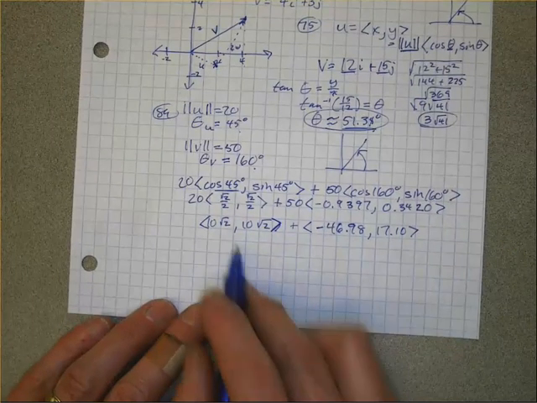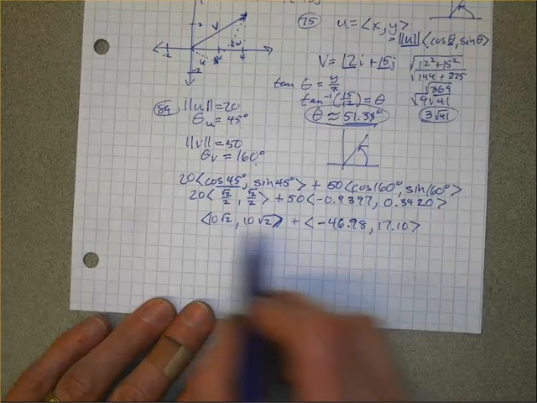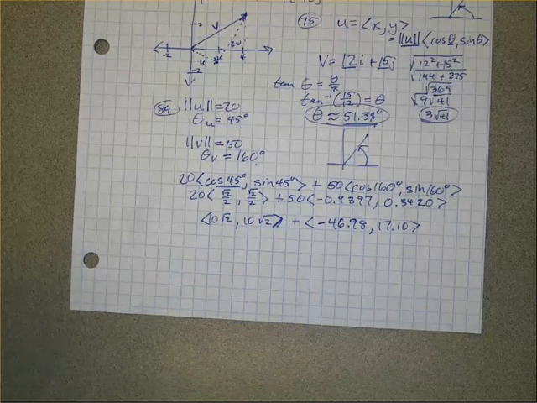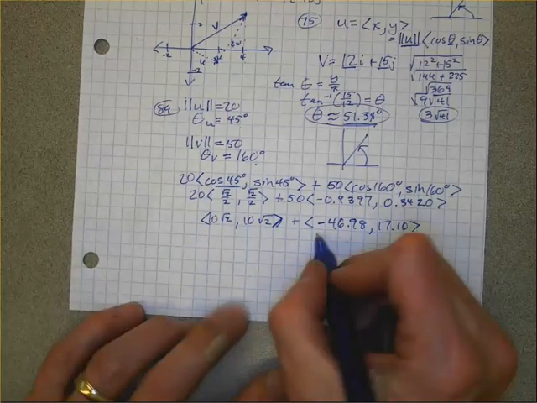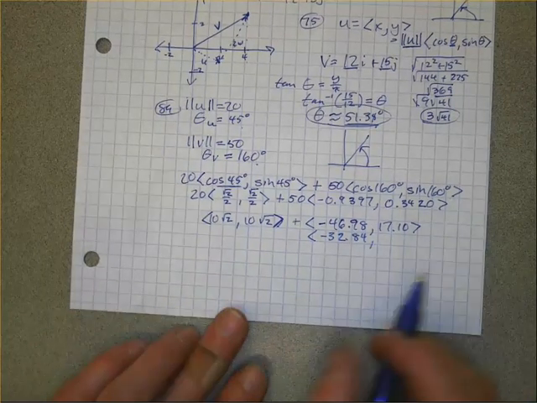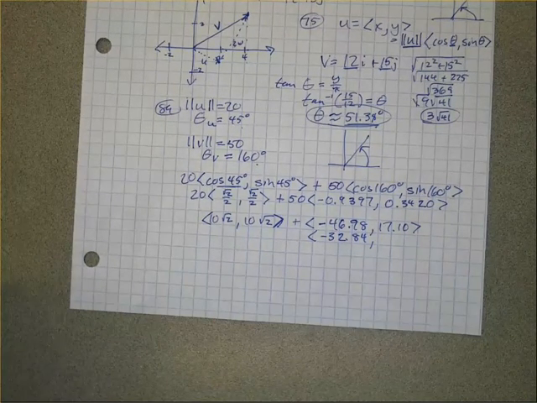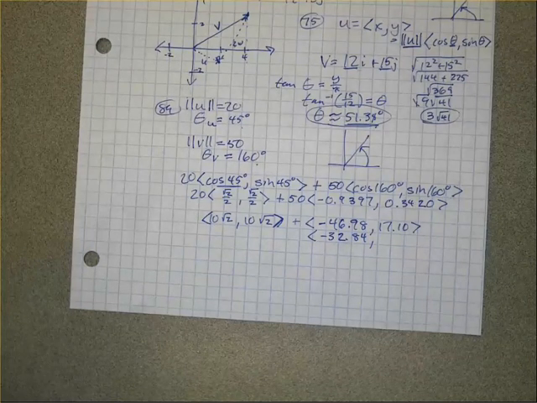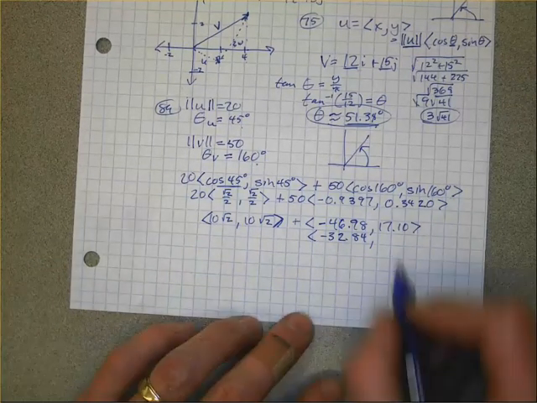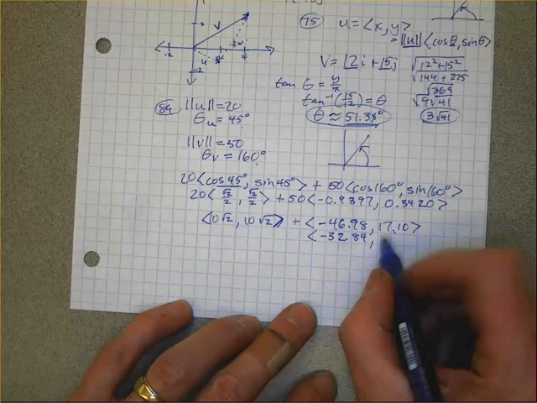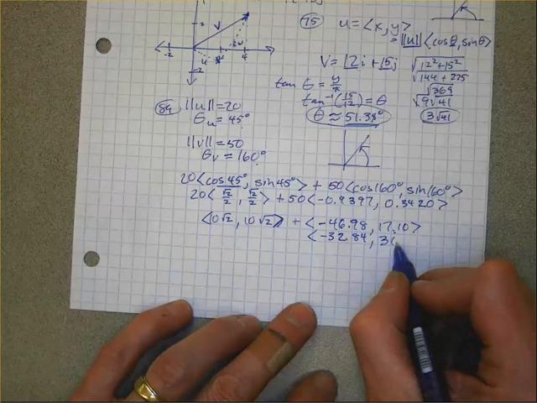So now I just add those together. So I'm just going to take this and add 10 root 2 to it, which gives me about negative 32.84. And if I add 10 root 2 to 17.10, I get about 31.24.